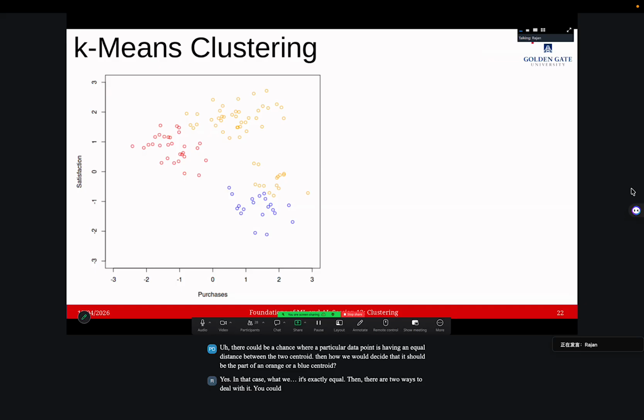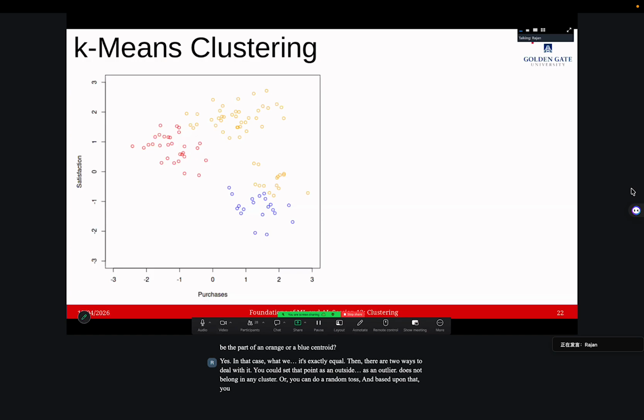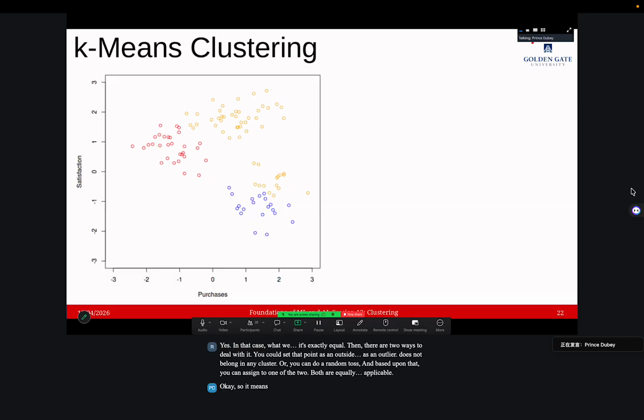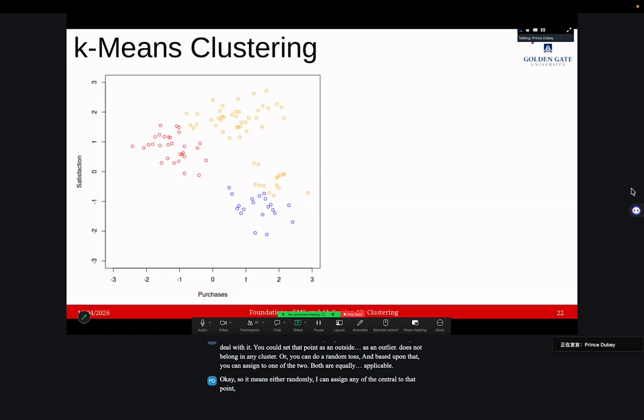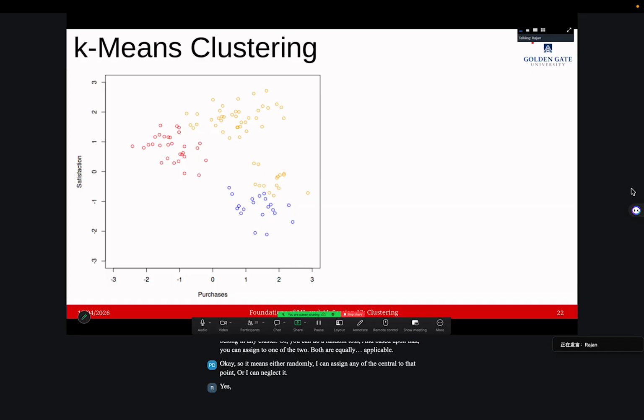You could set that point as an outlier that does not belong in any cluster, or you can do a random toss and, based upon that, assign it to one of the two clusters. Both are equally applicable. So either I randomly assign one of the centroids to that point, or I can neglect it. Yes, that's correct.